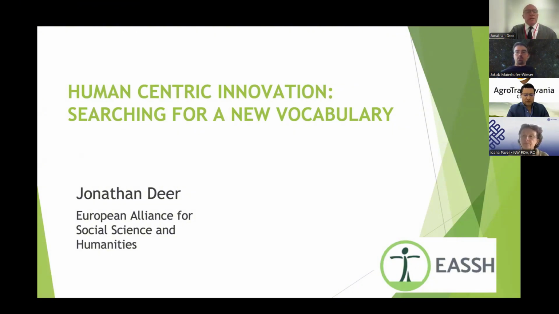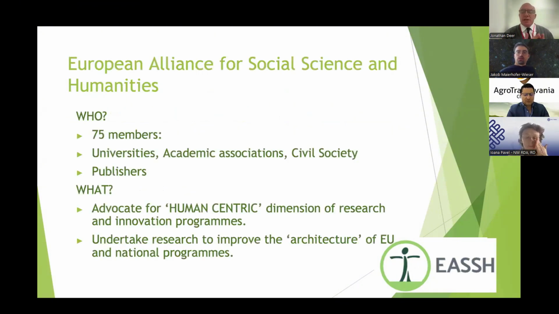So before I dive into it, today I'm really here representing the European Alliance for Social Science and Humanities. I won't go into this too much, other than to say we're an advocacy group for ensuring that the human-centric dimension of research and innovation programs really is meaningful inside European funding and member states, and is a really meaningful presence in policy making.